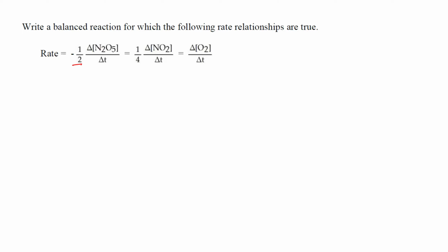Once again, going back, we have a negative term and then we have our two positive terms. And this positive term is by default +1, so we don't specify, but there could be a +1 there to accompany the +1/4 and -1/2. -1/2 means we have a negative change in our concentration over time, which means it's decreasing in concentration over time, meaning it's being consumed.